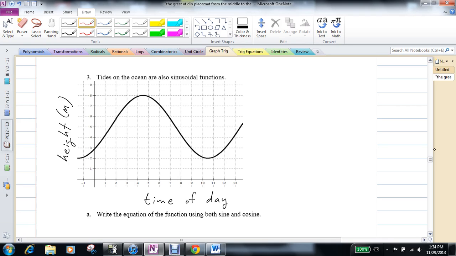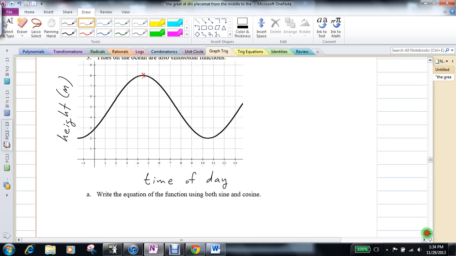This one is much harder because it involves some approximation, but it shouldn't be too bad. I would probably recommend we start with this location. It's a maximum, in which case it's going to be a cosine function. So y equals cosine. If I start here, this is a maximum, so therefore it's a positive cosine function, and I'm going to run through the same things that I did otherwise.